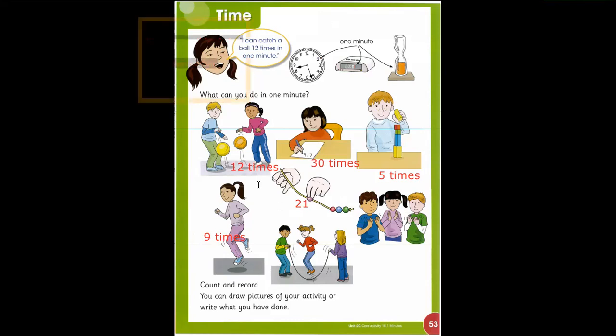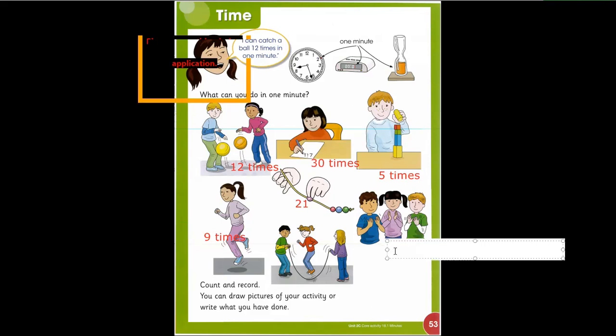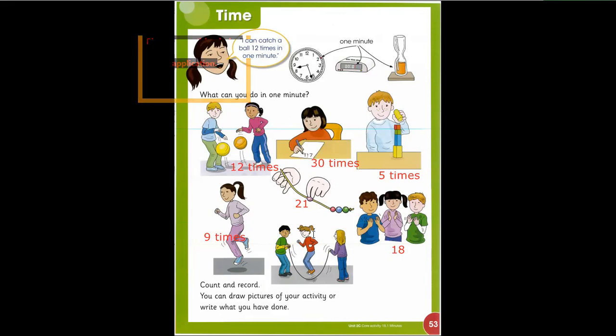Okay, now clapping. How many claps can you do in just 1 minute? 1, 2, 3, 4, 5, 6, 7, 8, 9, 10. More than 16, or you can say more than 18, you can clap in 1 minute. Okay, here they are playing with the string.